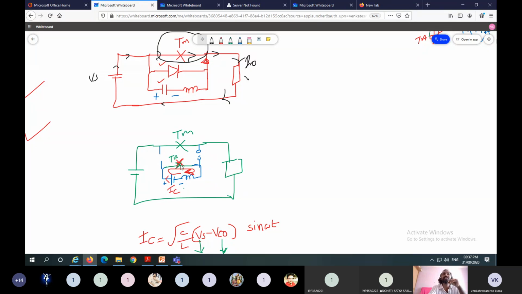But the auxiliary thyristor allows only unidirectional current. It does not allow bidirectional current. If you take this point as the reference, the direction of current is like this. It is the forward direction, so for the auxiliary thyristor current it is taken as positive. Actually it is the negative half cycle, but considering only the auxiliary thyristor, the current flows in this direction.